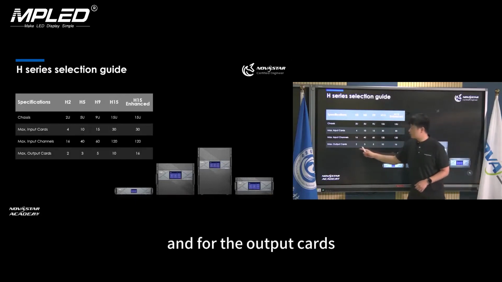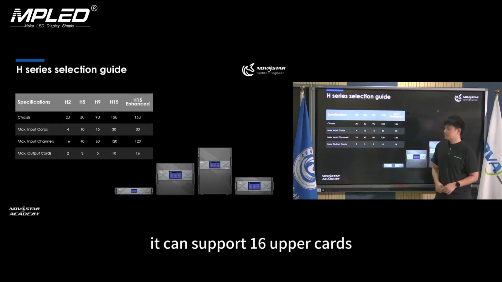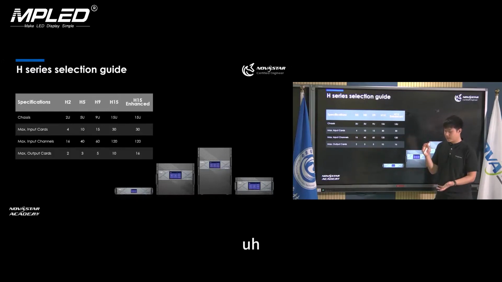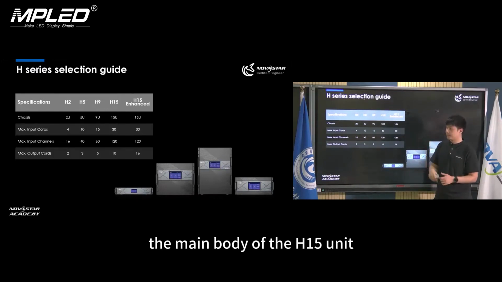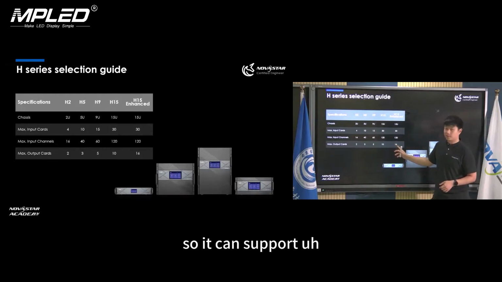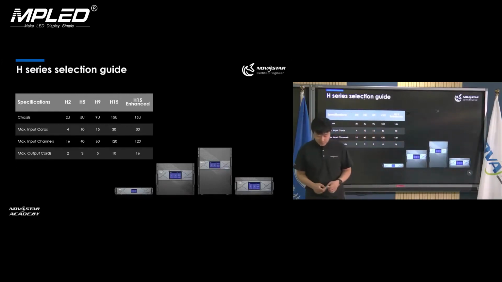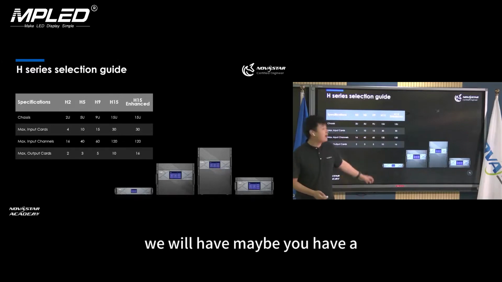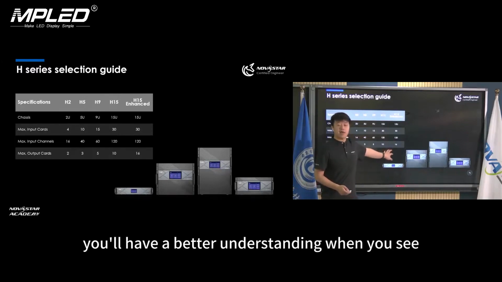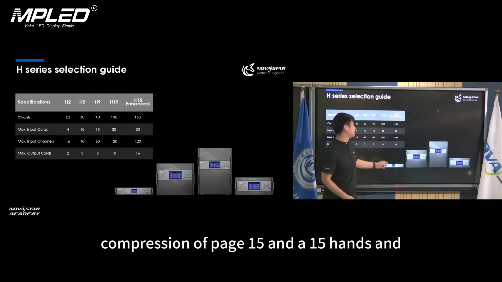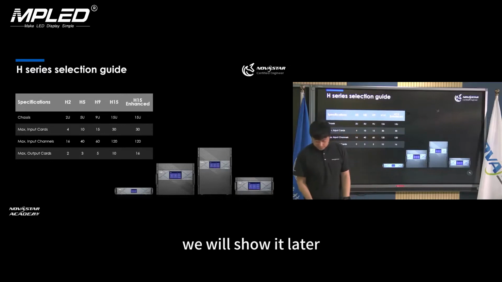And for the output cards, it can support 16 output cards. So the H15 enhanced is a different case of the main body of the H15 unit. It can support 6 more output cards than the standard H15. You'll have a better understanding when you see the real panel comparison of H15 and H15 enhanced, and we will show it later.